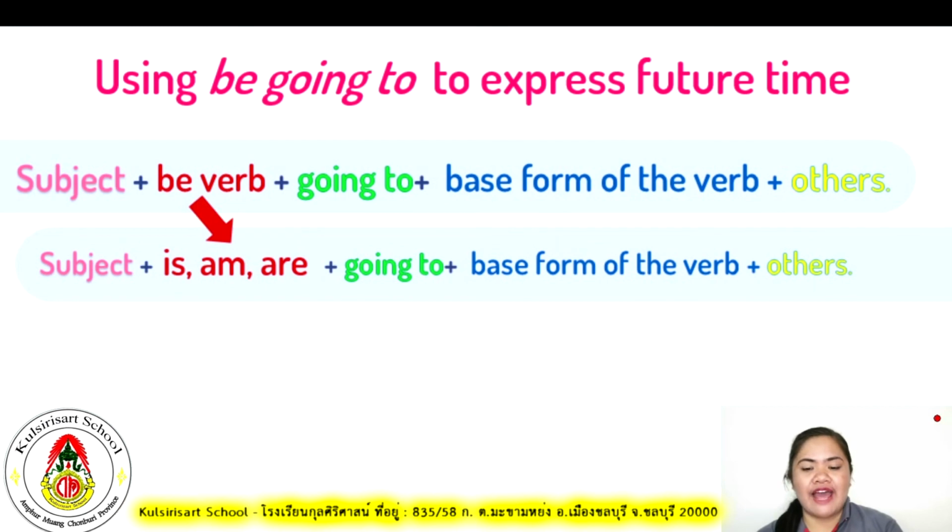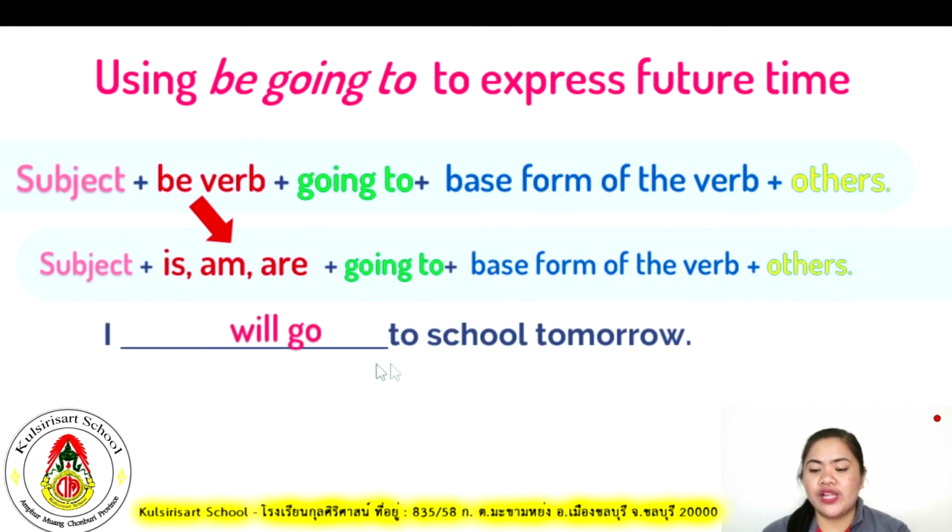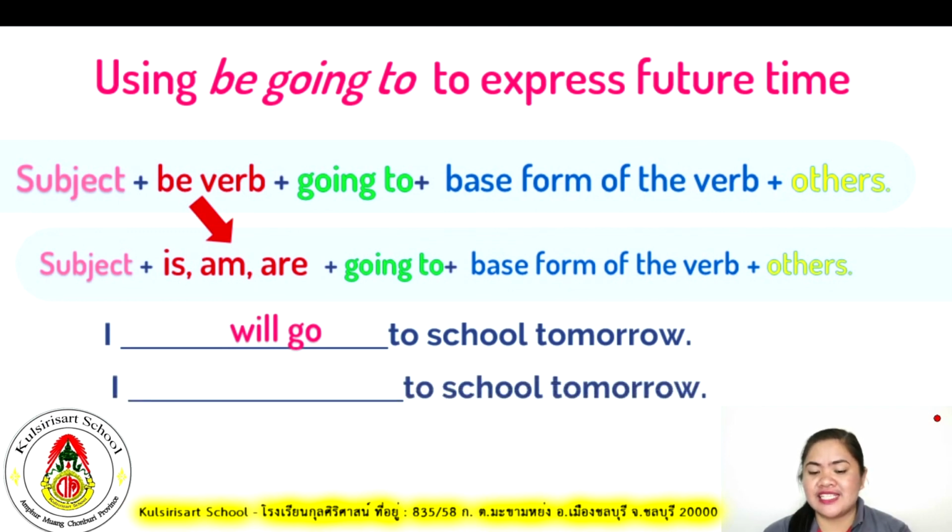So now we will have the examples. I will go to school tomorrow. This is when you are using will to express future time. Now let us transform this to the usage of be going to. Of course, our subject is I. So again, what is the be verb if our subject is I? Very good. Am. Plus, we write going to.